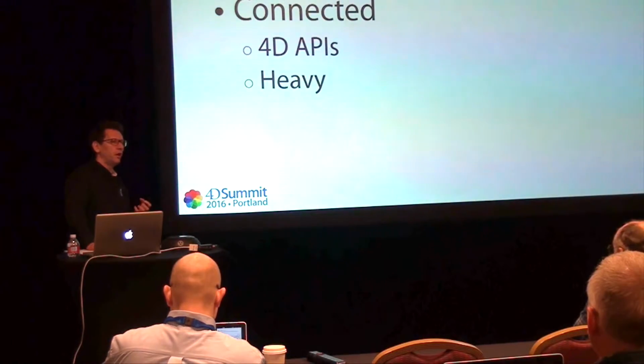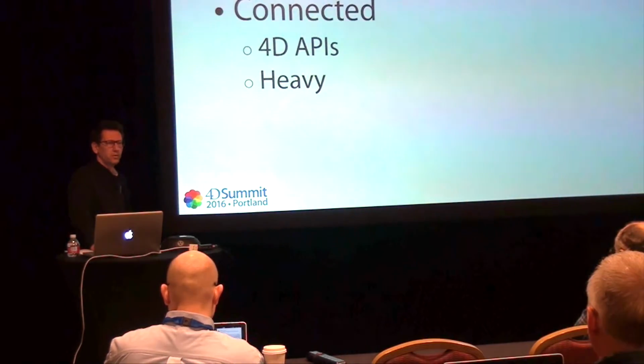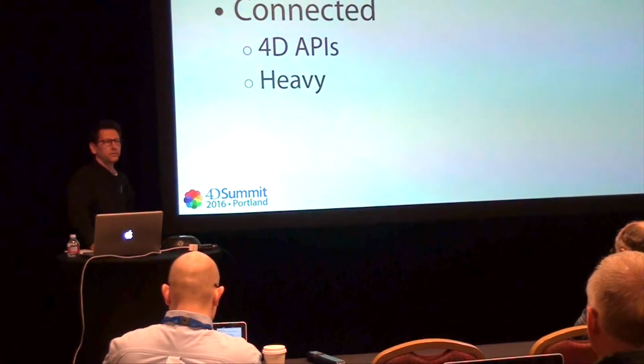As you well know, a 4D client application takes up a lot of resources on the server. I'm not only talking about the CPU, I'm also talking about memory, because every user process on the client will eventually trigger a new process on the server.